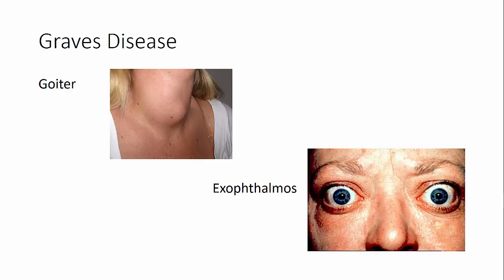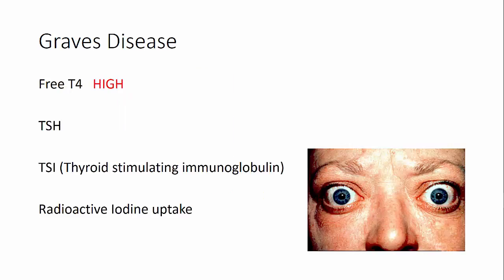So for the laboratory investigation of Graves' disease, as you might expect, the free T4 level would be high, and as a result, negative feedback would reduce the TSH level. Now you can actually test for these antibodies to TSH receptors, and if you do that test in Graves' disease, it will be positive.